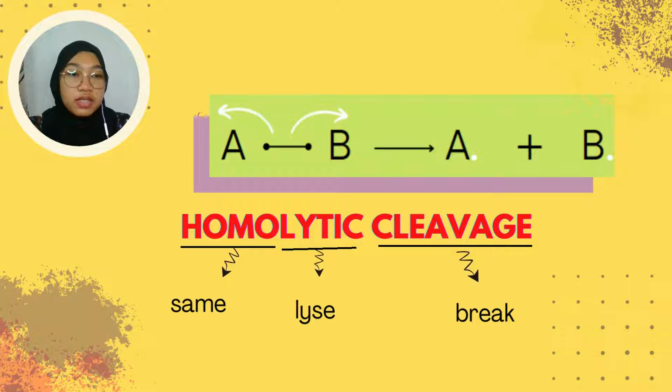Homo means the same, telling us that each atom gets the same number of electrons when the bond is broken, which means that A has a single unpaired electron or a radical and B has a single unpaired electron. Both of these are going to be very reactive.